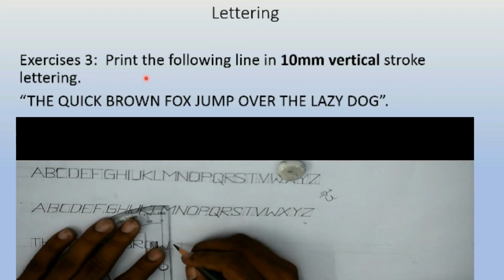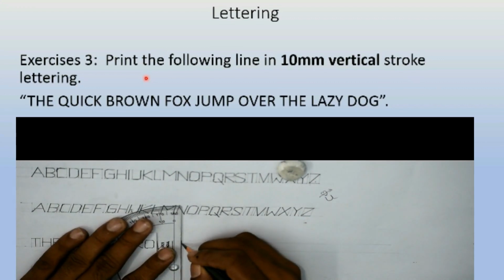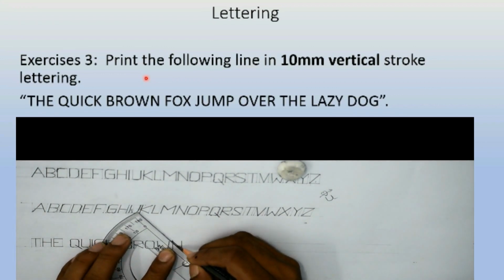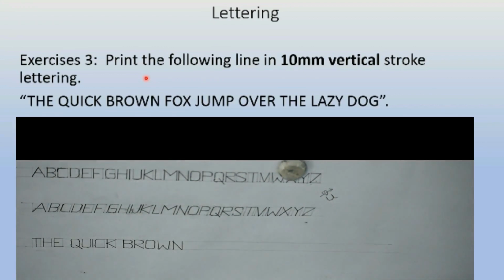So this is W, and this is our letter N. So the quick brown. Now we have fox.